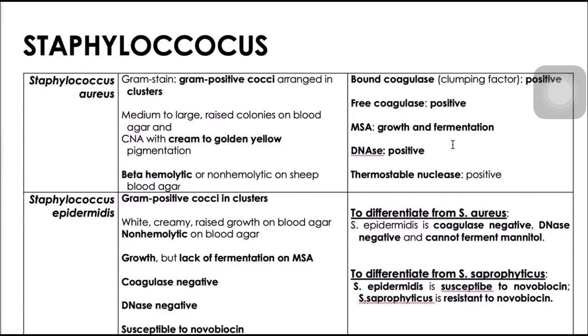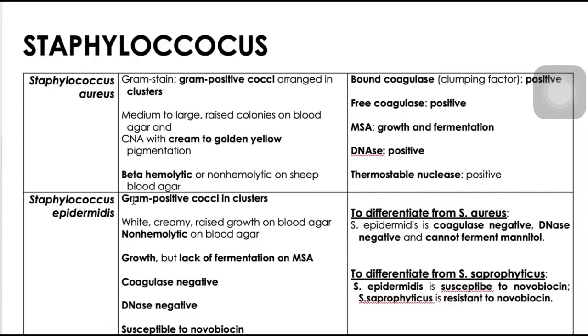So mawawala po yung green color ng DNA medium with methyl green. Magkakaroon ng clearing of medium, which is positive to your DNase test. Aside from Staphylococcus aureus, we have 3 organisms po that can produce DNase. We have Staphylococcus aureus, we have Moraxella, and we have Serratia. Again, Staphylococcus aureus, Moraxella, and Serratia.